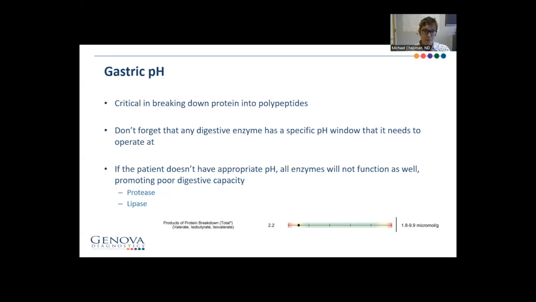And these are things like protease and lipase. Here we have a marker that we'll get into a little bit later called products of protein breakdown, which is a pretty good indicator of how well somebody's breaking down protein. We also have another marker for a direct method of understanding pancreatic enzyme production called pancreatic elastase.